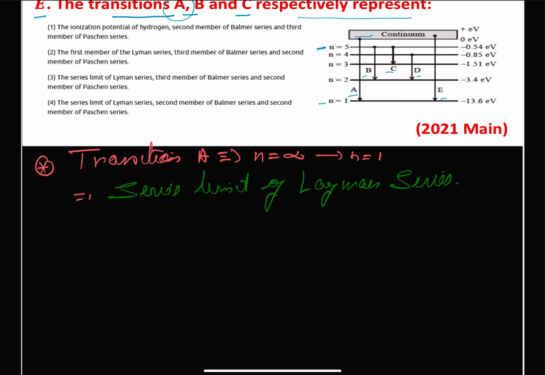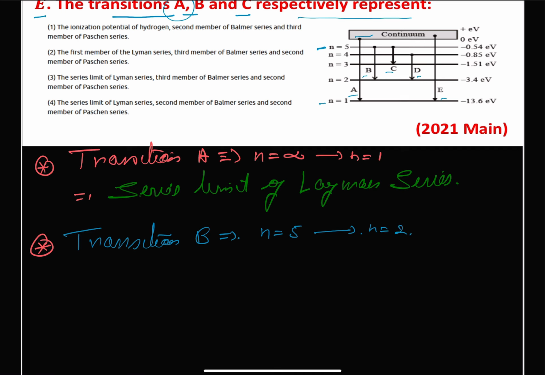Next transition is B. Transition B starts from N5 and ends at N equal to 2.